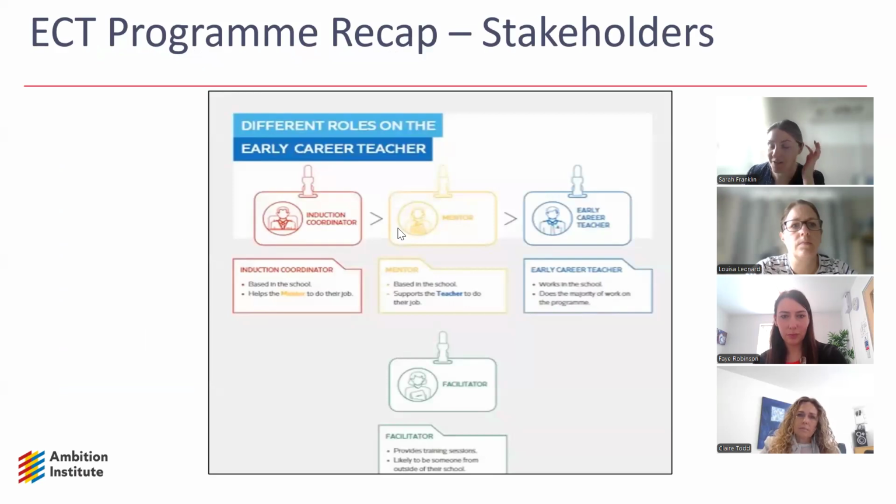I assume that this will be the same across all providers, and so the language will be familiar to you. Induction coordinator is now called induction tutor. They are your main point of contact in schools, and this would be the same with all, I imagine, that you have your induction tutors that are that key person.